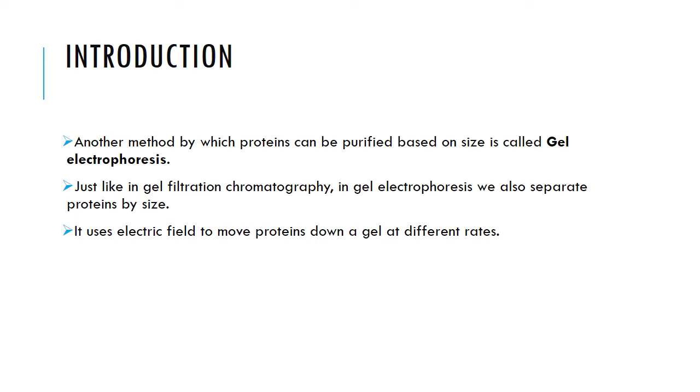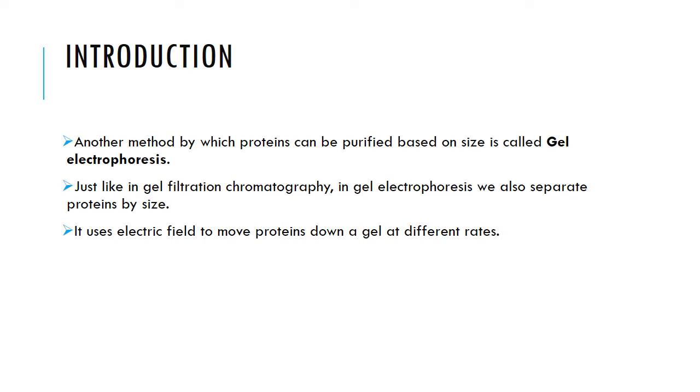So we are going to apply an electric field on the apparatus, and when that is done, the electric field will bring about proteins moving down the gel. When that happens, the proteins will be moving at different rates. What are we talking about here?